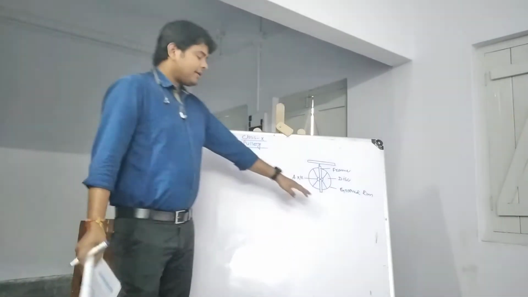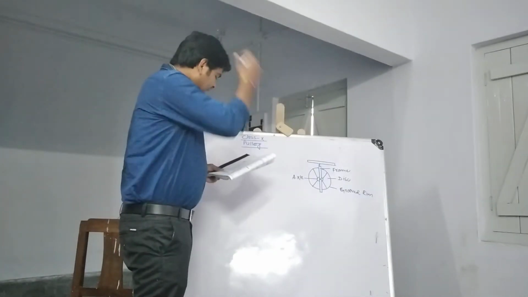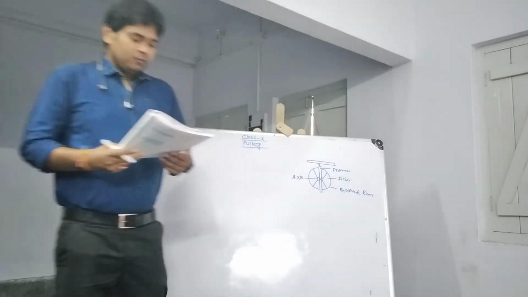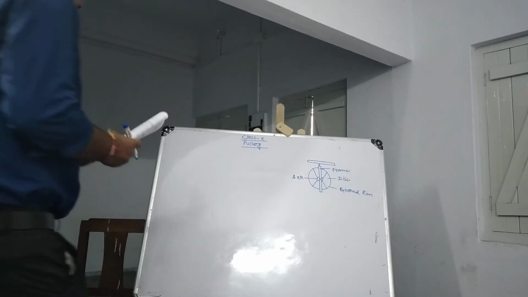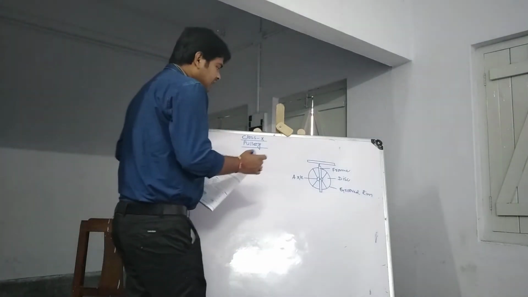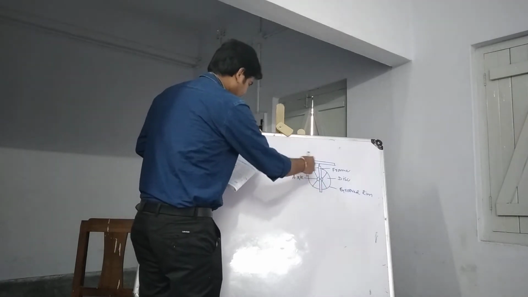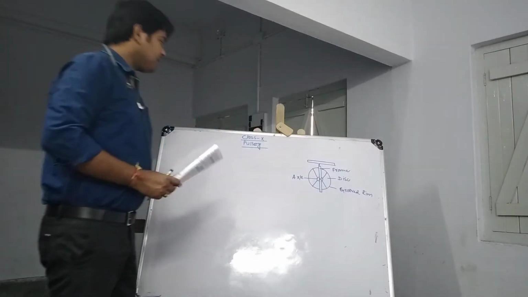Look at the figure. This is a pulley. It is a metallic disc or a wooden disc with a grooved ring. A string is moved around the groove of that ring.